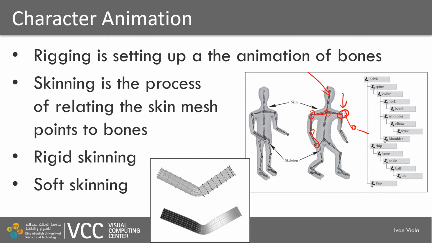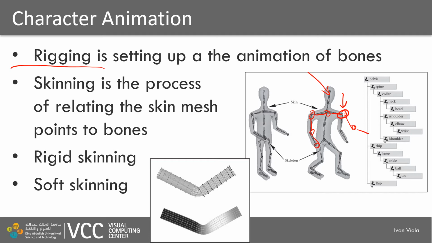There is a special term for setting up an animation of the bones, which is called rigging. So if you see in computer animation the term rigging, you know that this is basically setting up the skeleton. Usually, it is not the skeleton which we would see in the character animation, but it is the complete body, including a skin.